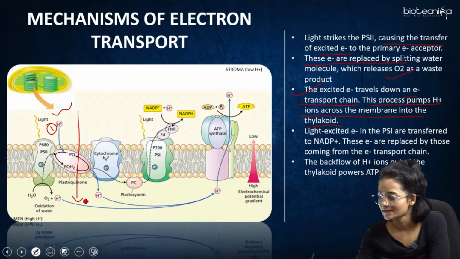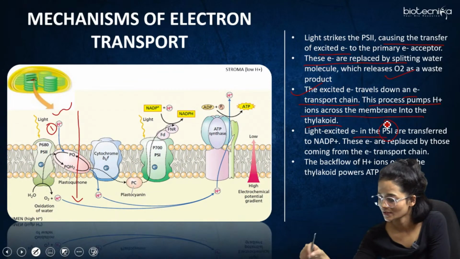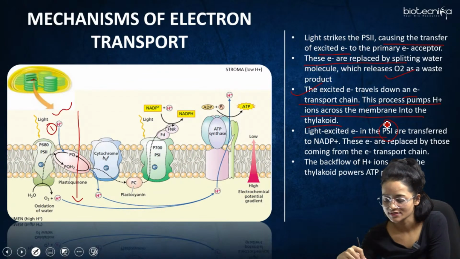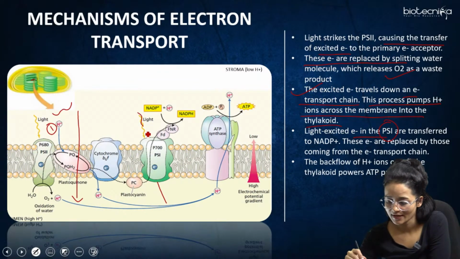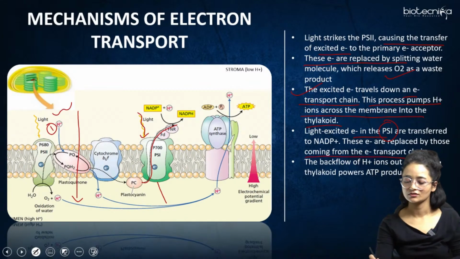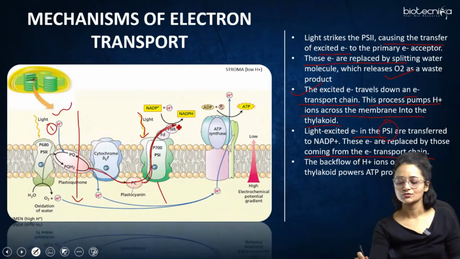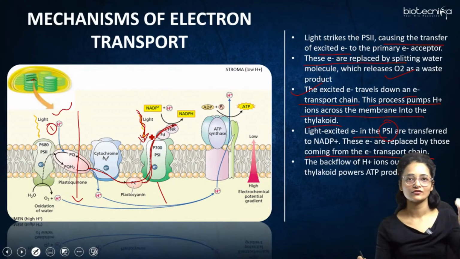Then there is the light-excited electron in PS1, right? When the light falls on PS1, the light-excited electrons are replaced by those coming from the electron transport chain. So the electrons coming from the electron transport chain replace the electrons produced due to light striking PS1, right?